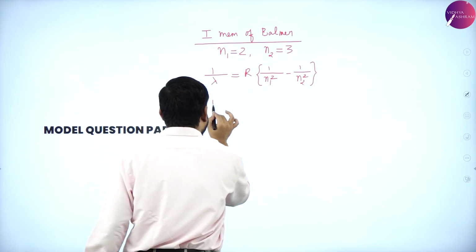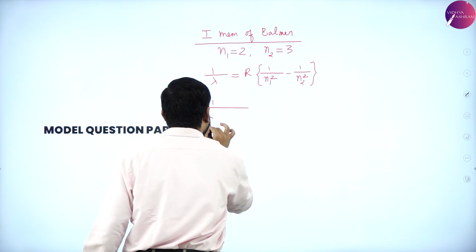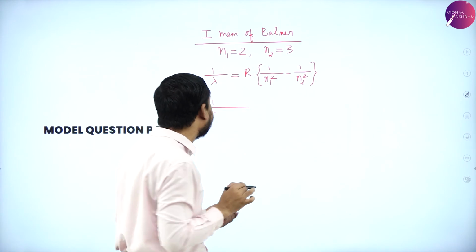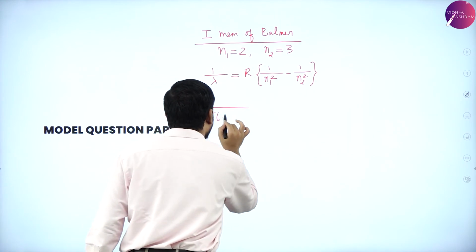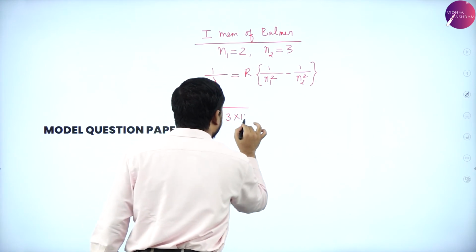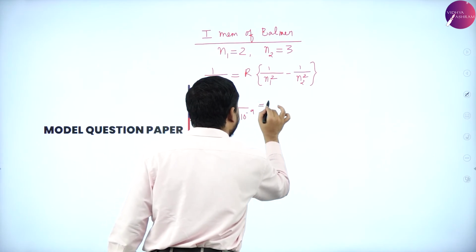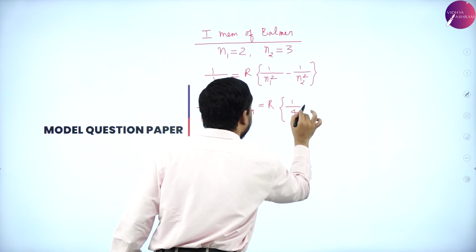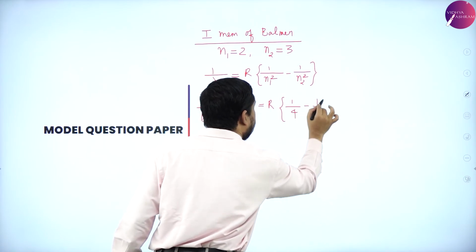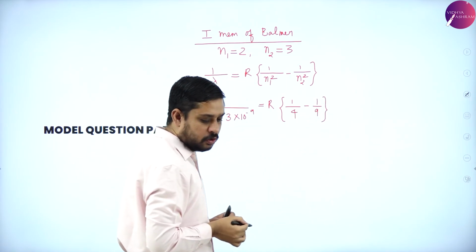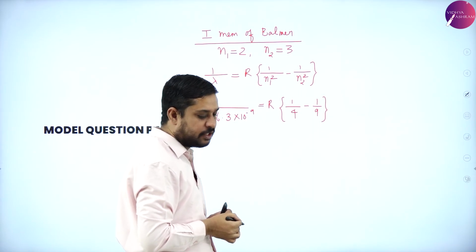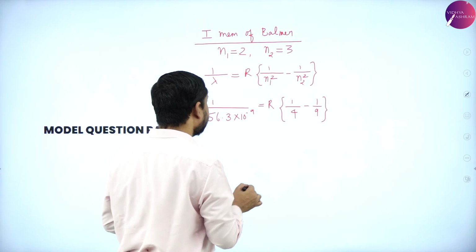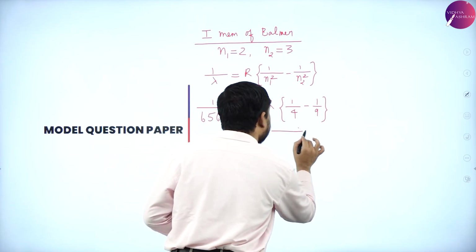Here it is given to be 656.3 nanometer into 10 power minus 9. So this is 1 by 4 minus 1 by 9. So on simplification, this is equation 1.